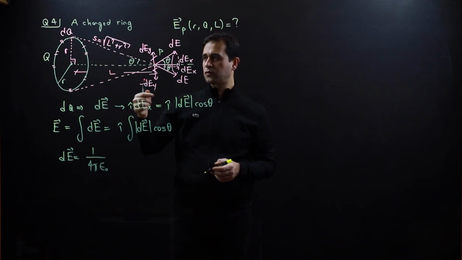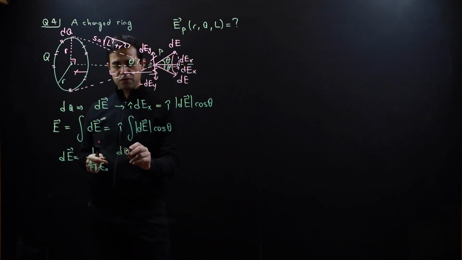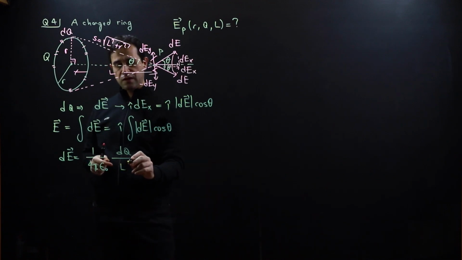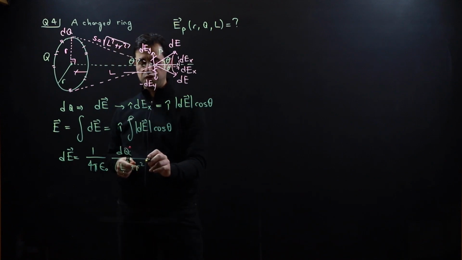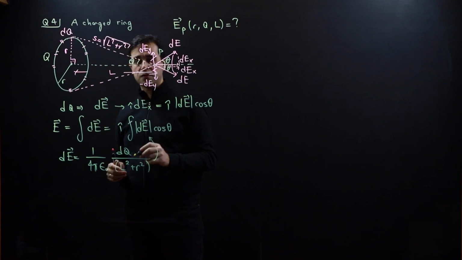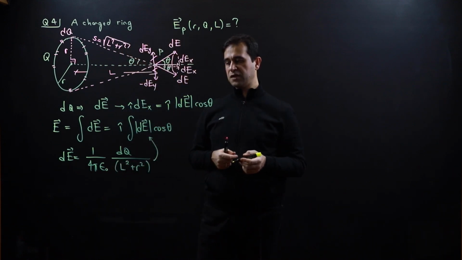It's L squared plus R squared, and I'm going to take the square of that. So I'm going to multiply the charge of this object and divide that by the distance squared, which is now L squared plus R squared. Okay, and let me even put parentheses here. Now I can just simply put this in here, and then I'll have the magnitude of dE.